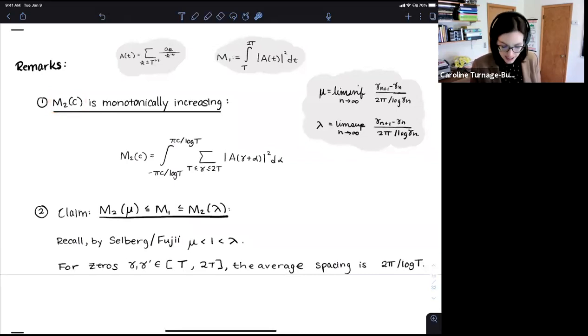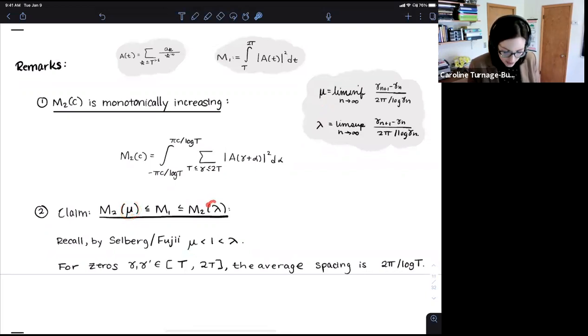We can see this quite easily. Here, the summand is non-negative, and as we increase the length of integration, we'll get something that's monotonically increasing. All right, so this is one very important observation. The other important observation, which I'm just going to gloss over, but if you're interested I can tell you more about it at the end, is that if I evaluate the local average at mu, remember mu is the same mu from the beginning, it's a little bit less than 1, at least we know that.